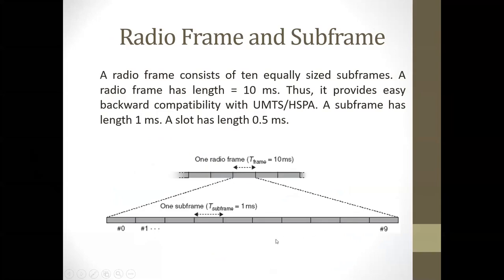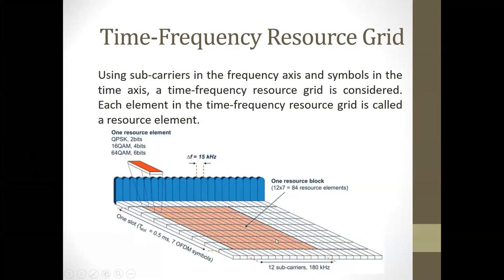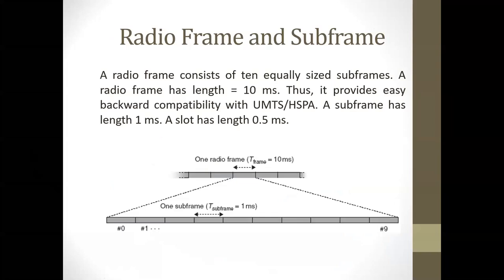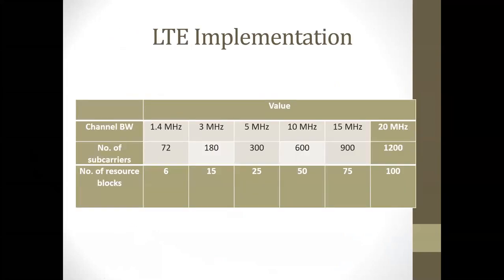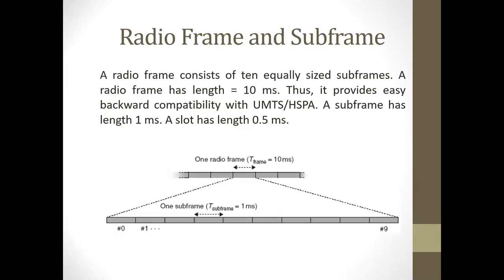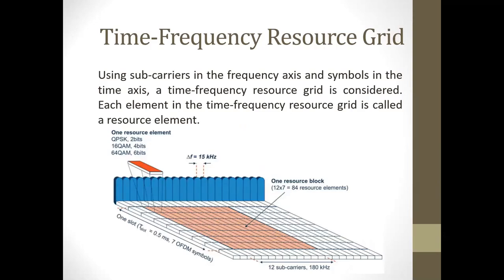Now in the frequency domain we also have a number of subcarriers, and that is fixed. We know that we have a fixed operating range. Say if we have 10 megahertz bandwidth of operation, then we have 600 subcarriers available. So we will have to transmit onto all the subcarriers together.